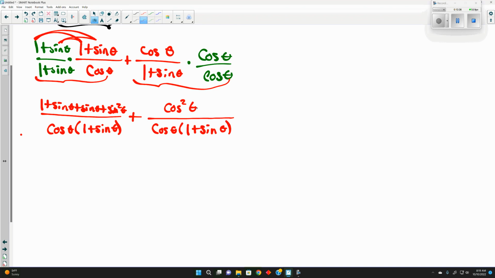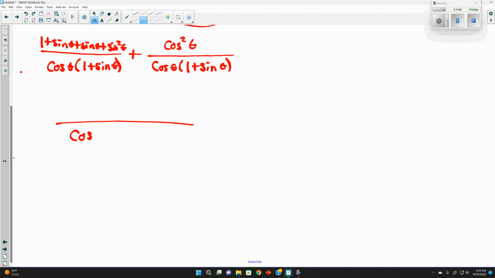Now the nice thing with this is that we are just adding. So the denominator will be cosine of theta times 1 plus sine of theta. Now the numerators we can go on and add.